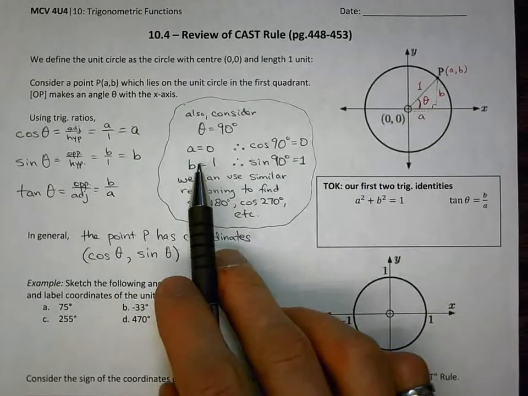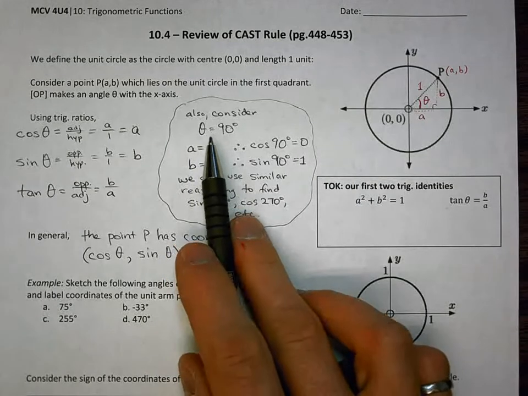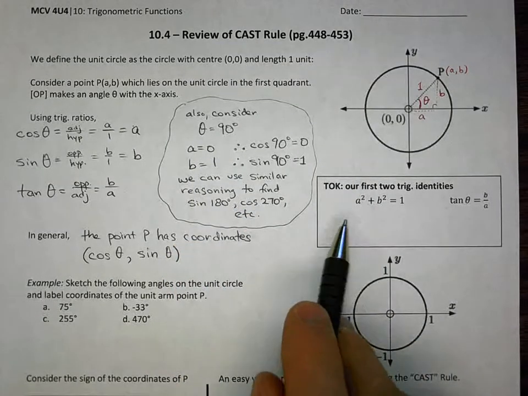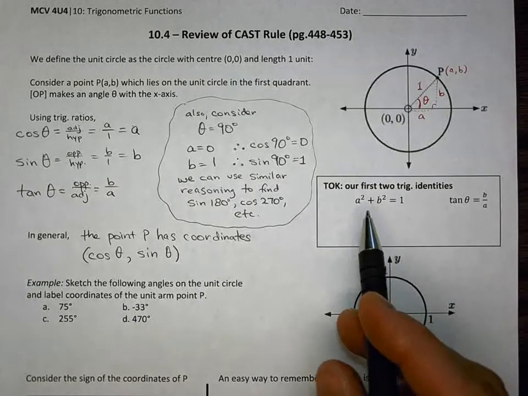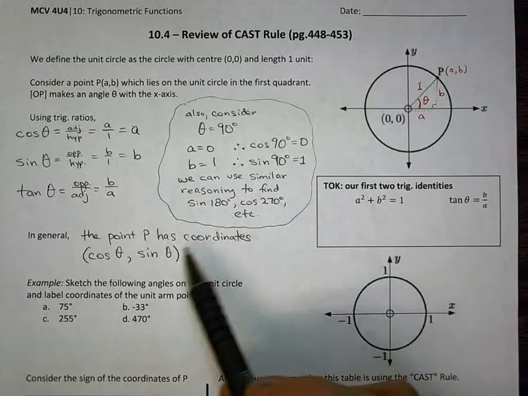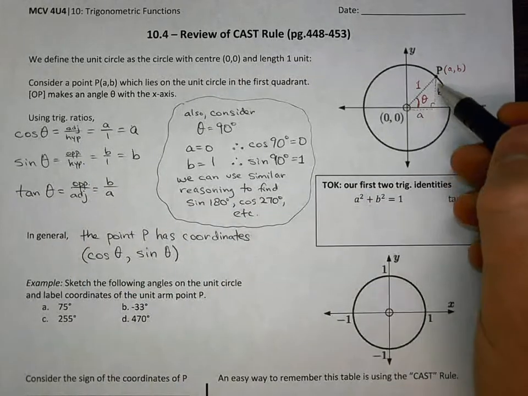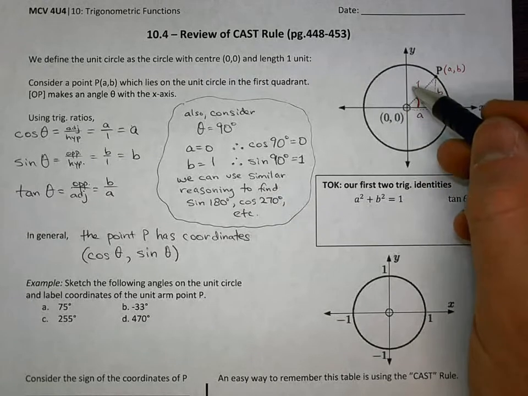Before we get into looking at angles greater than 90, let's introduce our first two trig identities. Trig identities are going to be a big part of the chapter coming up. These two are important ones, and we can prove them with the concept we just showed with the unit circle. With this triangle, the Pythagorean theorem states that a squared plus b squared equals 1 squared.